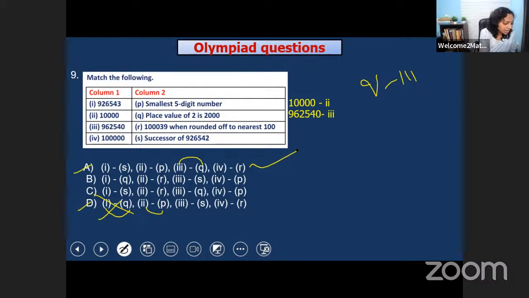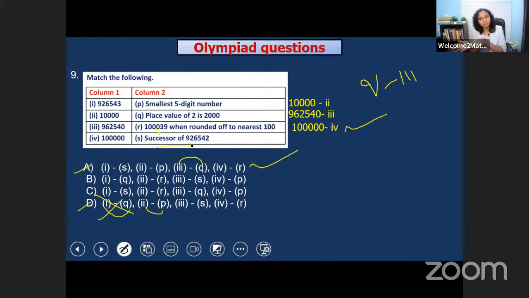Here you see it's 1,39,000 when rounded off to the nearest 100. What would be the answer? It's 1 lakh, because in the 100 place there is 0, and 0 is lesser than 5, so it would be 1 lakh. So it's 4. Okay. And now the successor of 9,26,542.